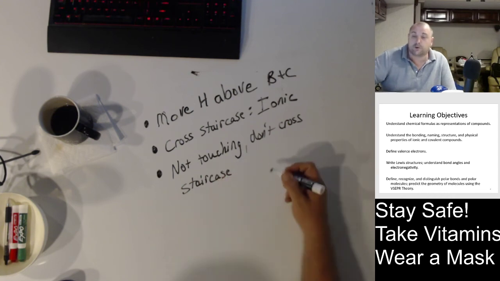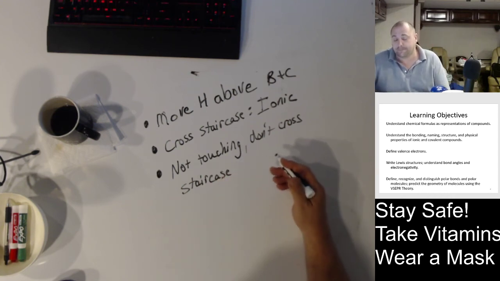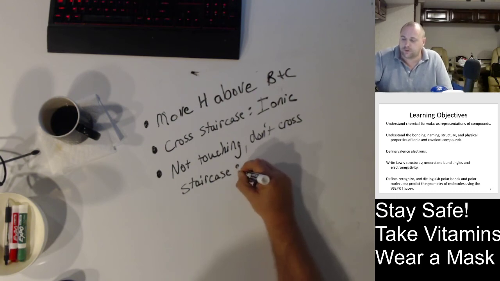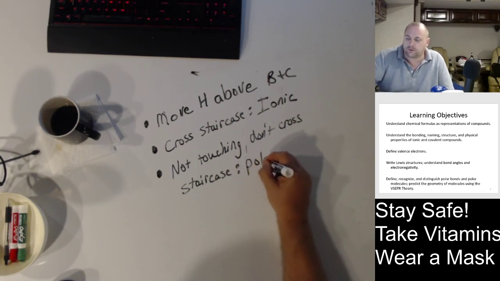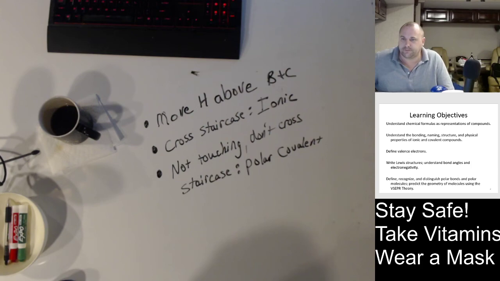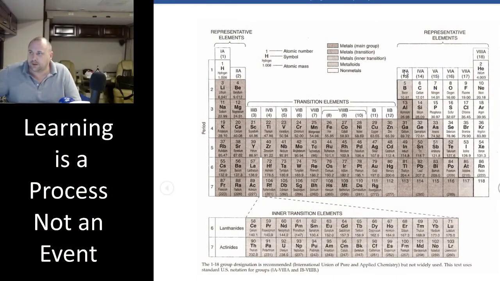They're going to have similar electronegativities, but they're different enough that they don't share equally. In other words, these are polar covalent. A good example of this is our hydrogen and oxygen. Hydrogen is up here, and now you can see it's not touching the oxygen, so we don't have to cross the staircase, and so these would be polar covalent.